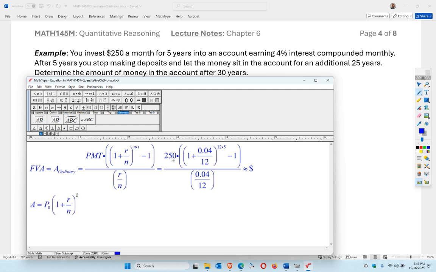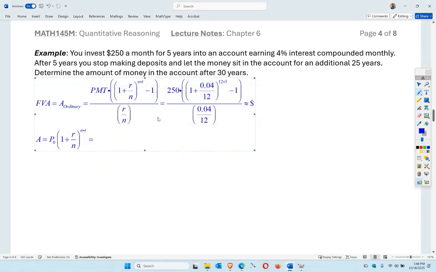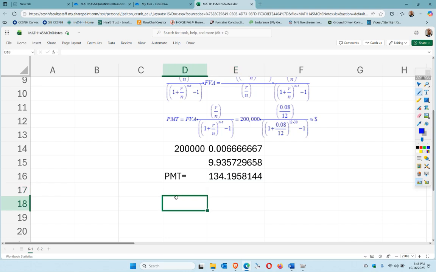That's the previous chapter, which is just compound interest. So it's only one amount, that's why it's P0, because we don't keep making payments when it's just regular old compound interest. So we'll fill that in a minute because we need to know this answer for the first 5 years. Okay, so I'm going to take this, copy it, and go to my spreadsheet here.